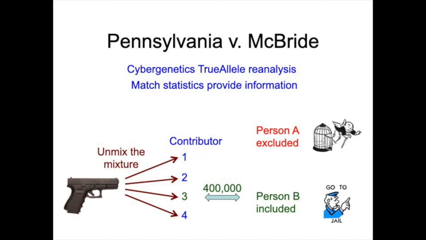There are 4 contributors on the gun. There is no other DNA evidence in the case. Everybody's a suspect. After the computer analyzed it, one person is included. He pleads guilty. And person A was excluded. Charges were dropped because we had more information from the DNA. And that's what the DA's office chose to do.